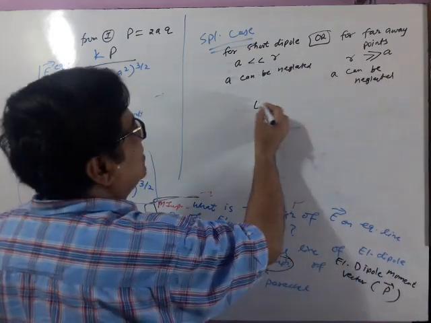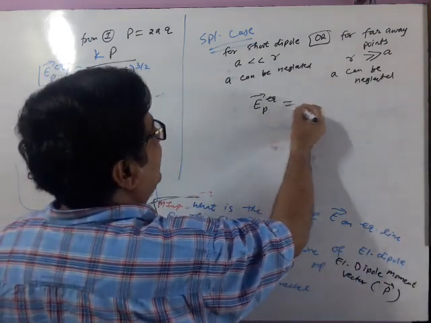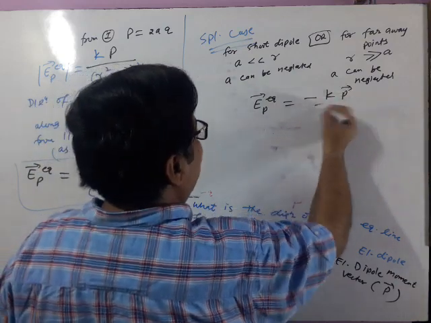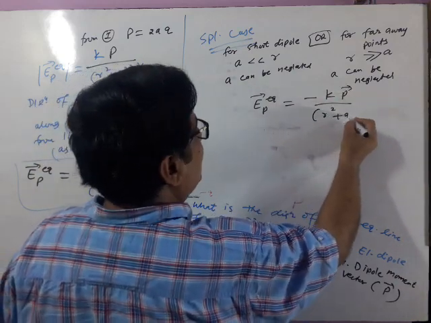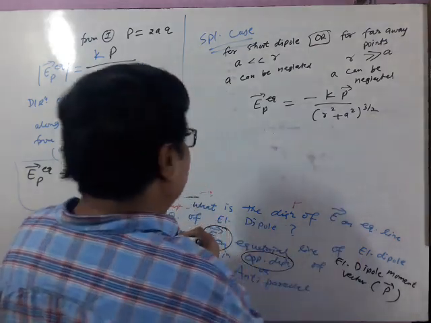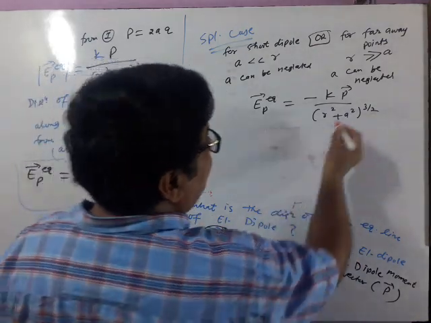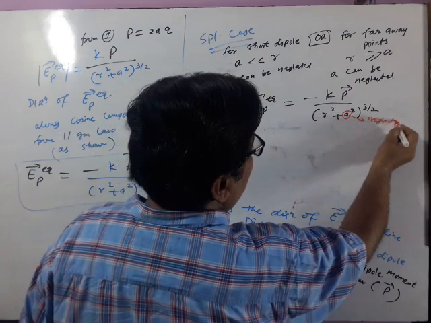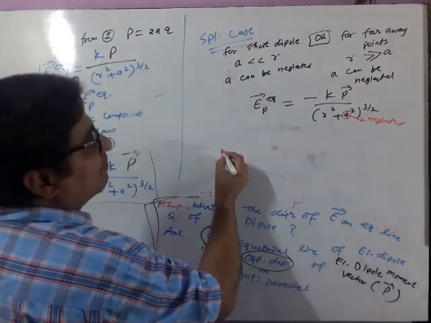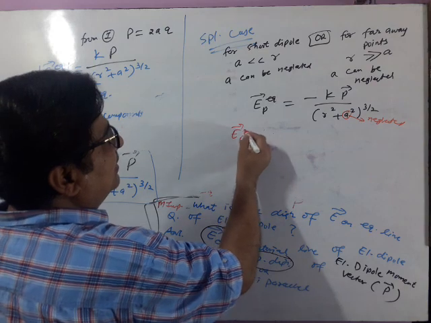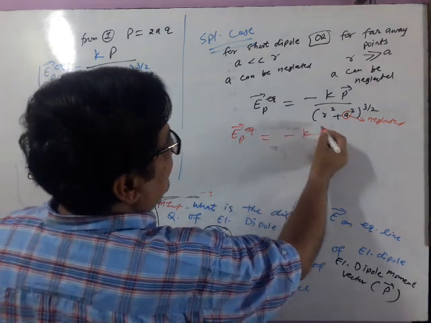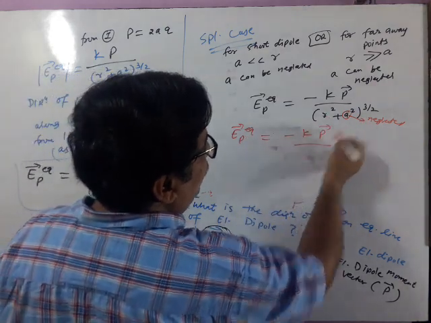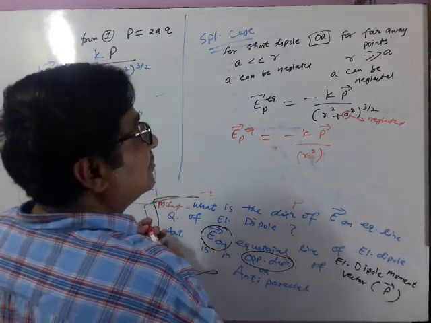So write the final answer: electric field on the equatorial line is minus kp vector upon (r square plus a square) whole power 3 by 2. Since a is very small as compared to r, we can neglect it directly, or you may take r square common and then neglect. So this will be written like this: minus kp vector upon (r square) whole power 3 by 2.